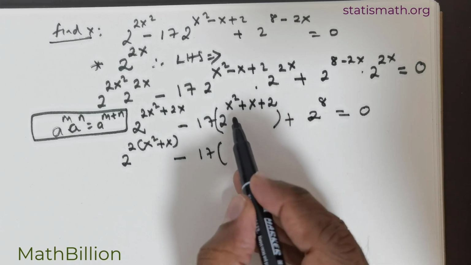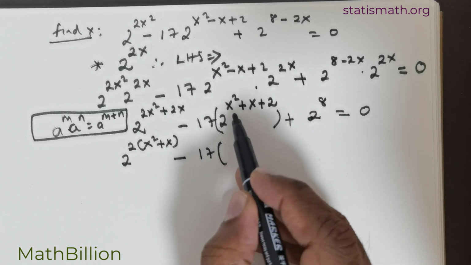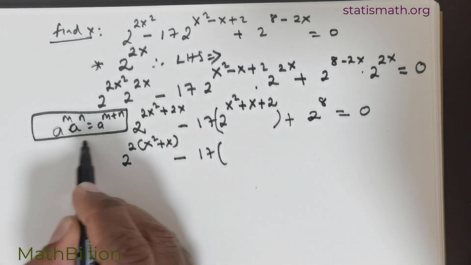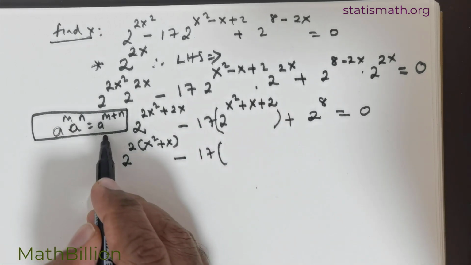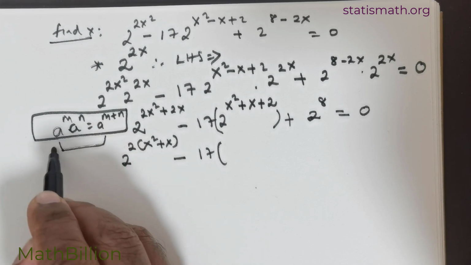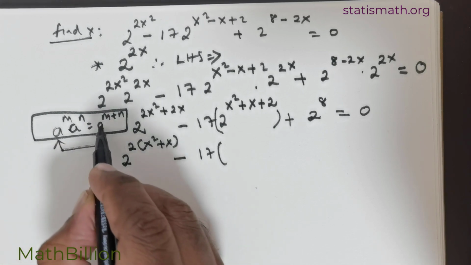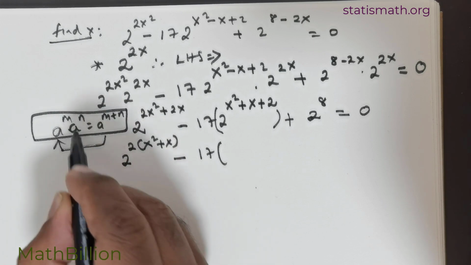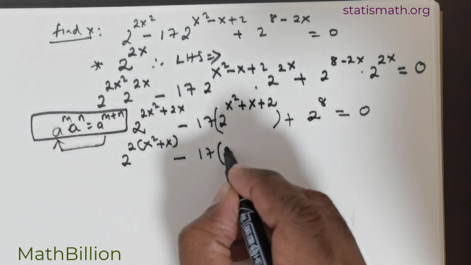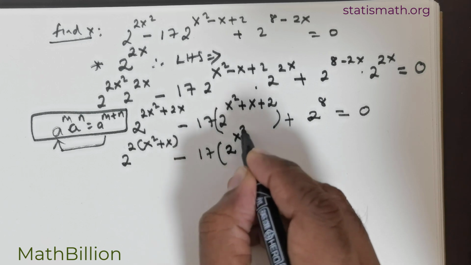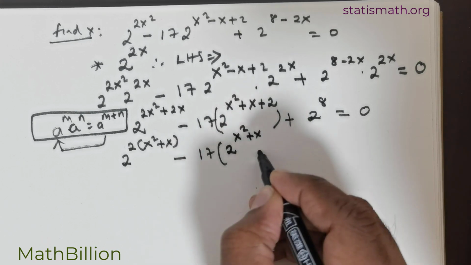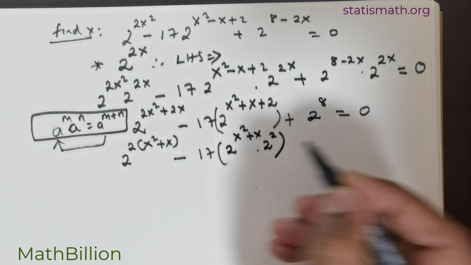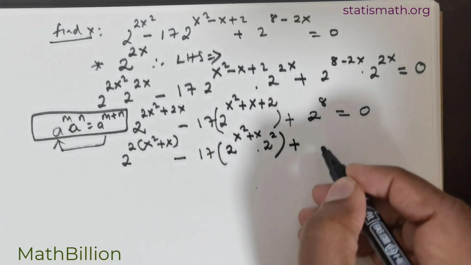Now I would like to rewrite 2^(x² + x + 2) using this same formula. I will revert the formula: a^(m + n) can be rewritten as a^m times a^n. So this can be rewritten as 2^(x² + x), that's one term, multiplied with 2^2, followed by 2^8.